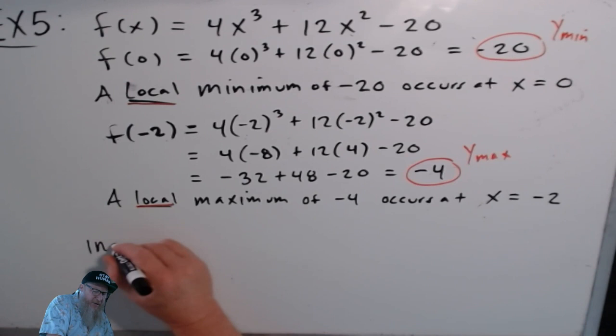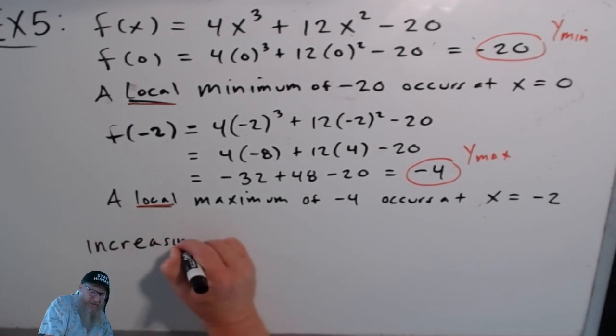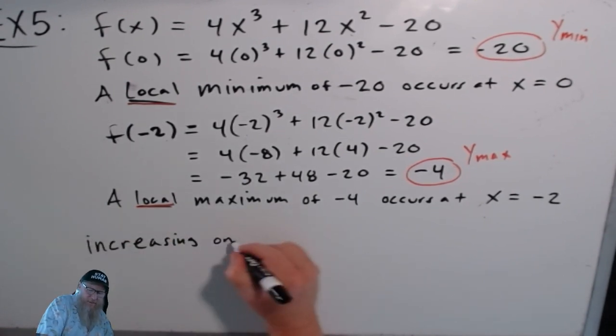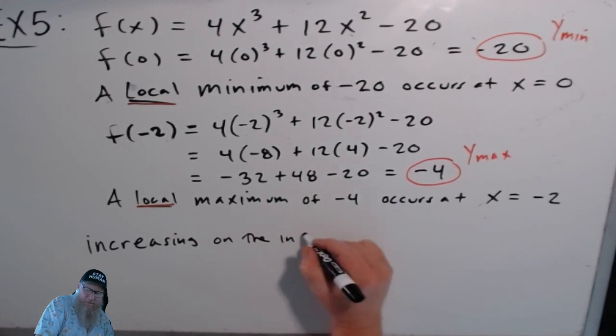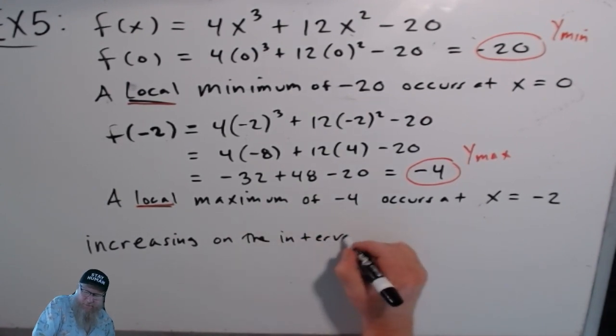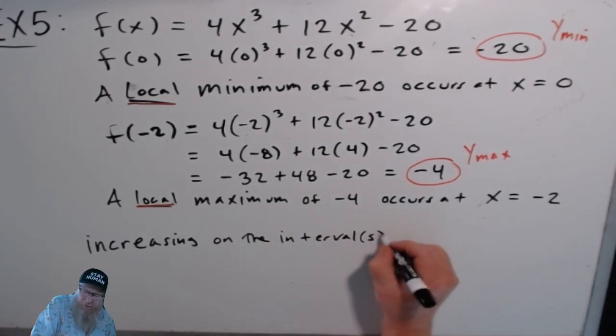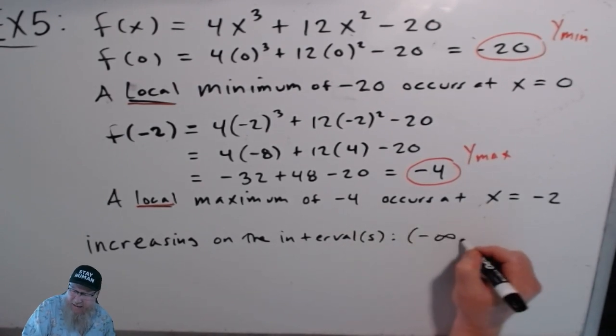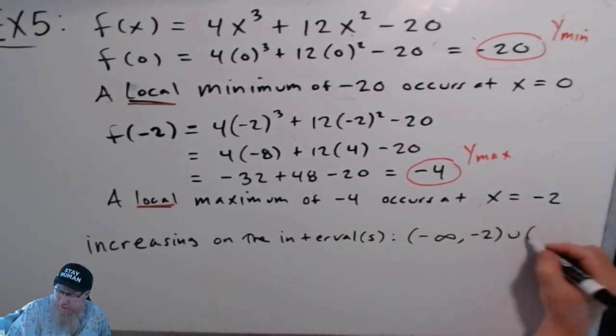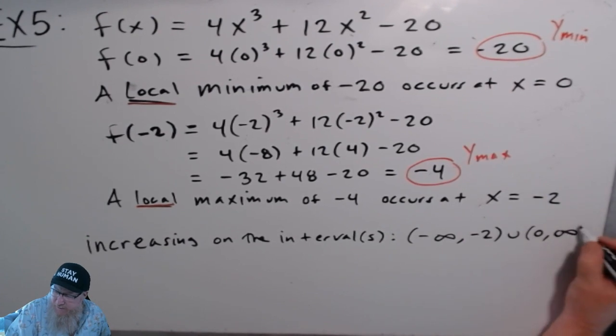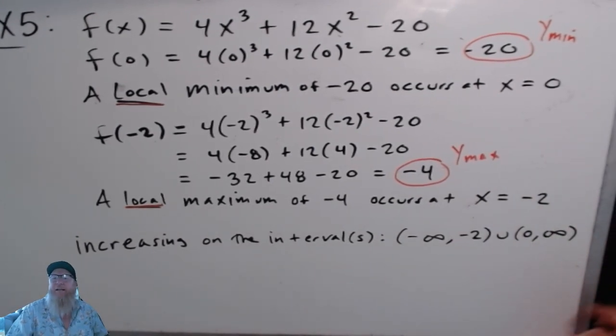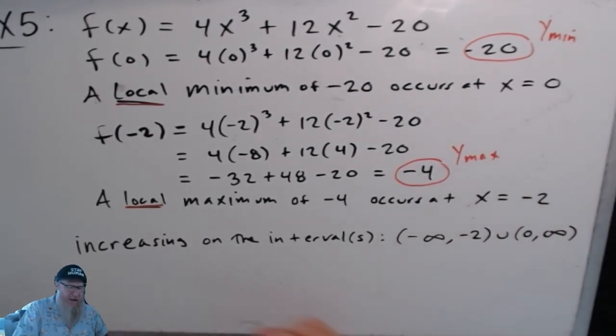And then we have the increasing. On the interval or intervals -infinity to -2, union 0 to infinity. So those were the two that were going up.